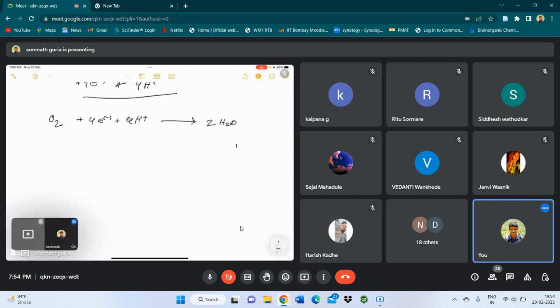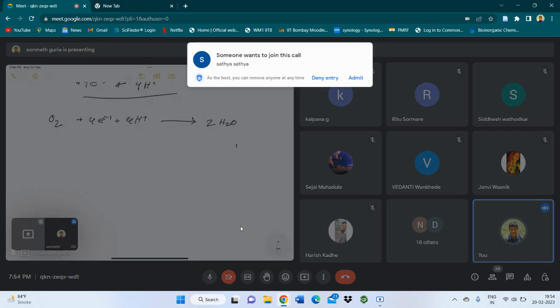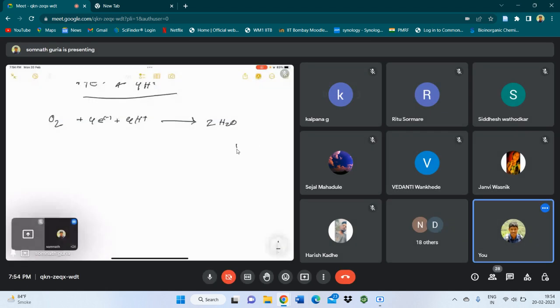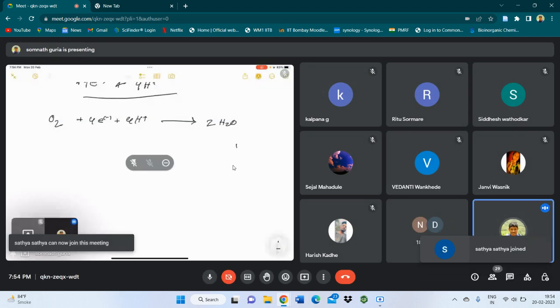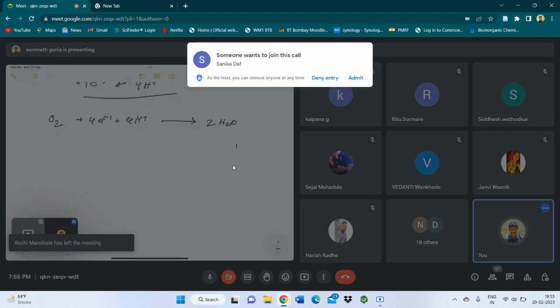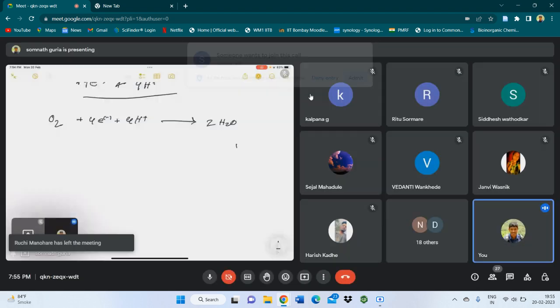Okay, so here the whole process is happening, but this potential is required only for thermodynamic potential. That means your 4 electrons and 4 protons should be provided simultaneously, in an instant manner. That means in a certain time, all the 4 electrons and 4 protons will be transferred to your system.